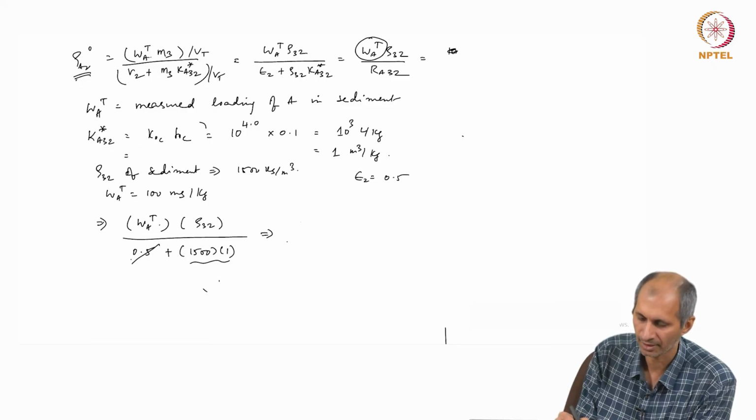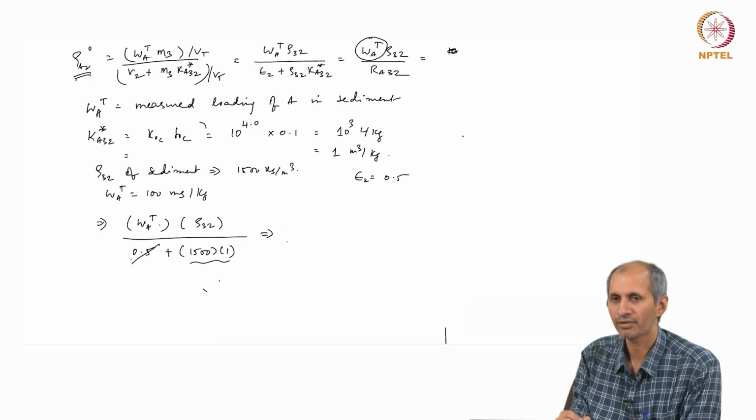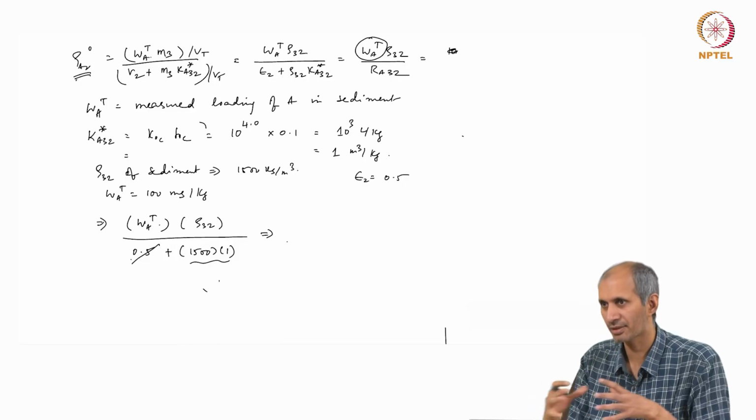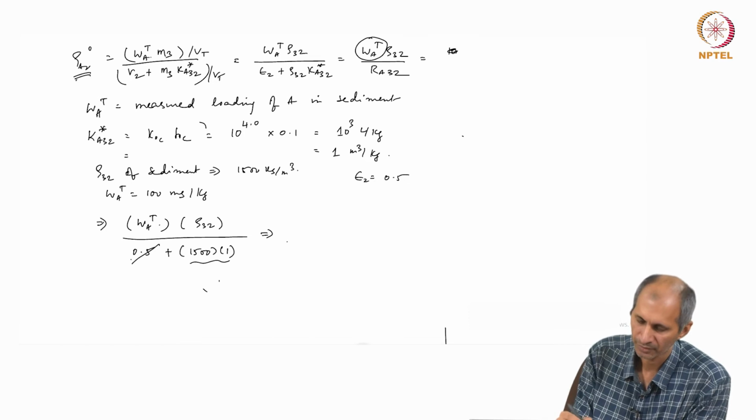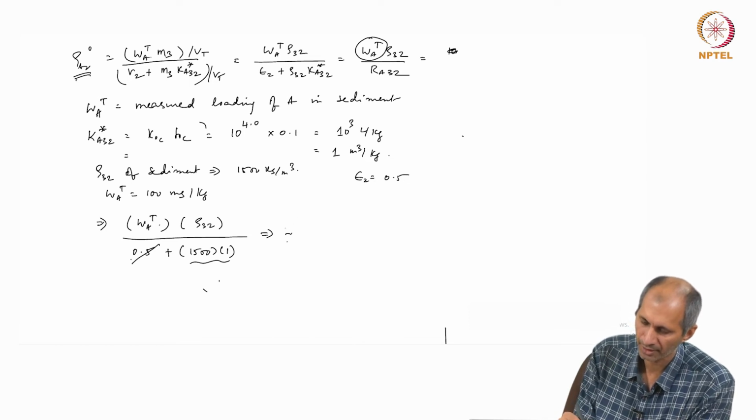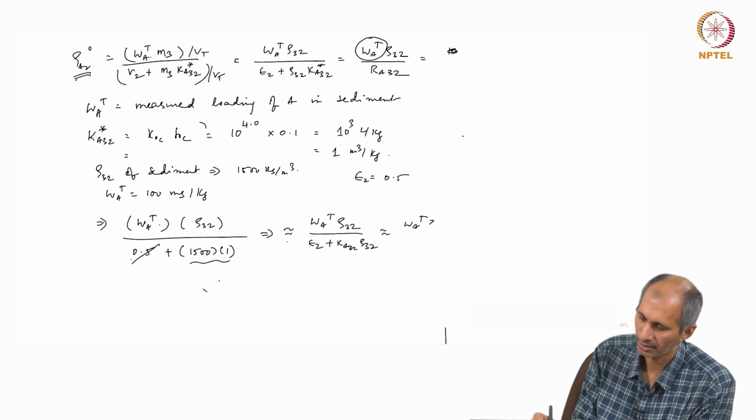So, then this equation for sediment systems, for very dense systems and with Ka32 very large, you can approximate WAT rho 32 by epsilon 2 plus Ka32 rho 32 as WAT rho 32 divided by Ka32 rho 32.